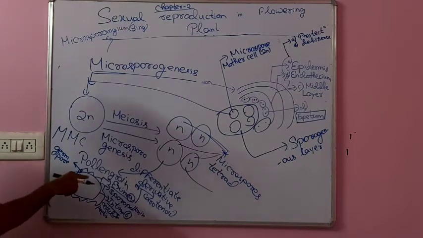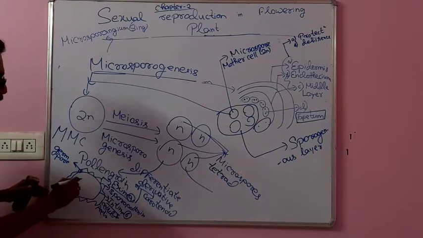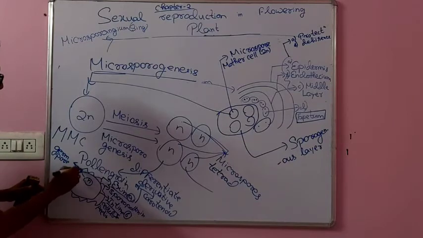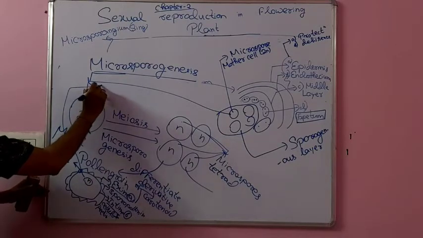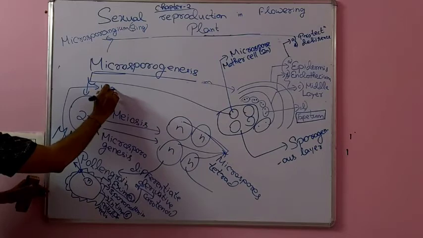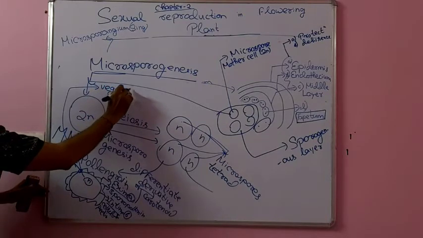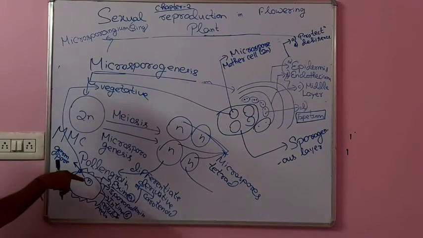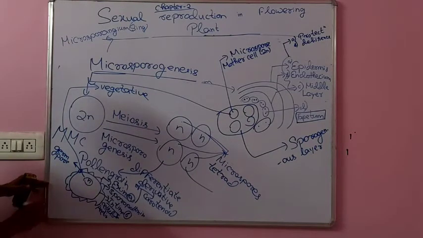That is, the cell undergoes mitotic cell division to produce one large cell. This is the nucleus of the large cell, and this cell is called the vegetative cell. This cell is produced first. Then another small cell is produced.